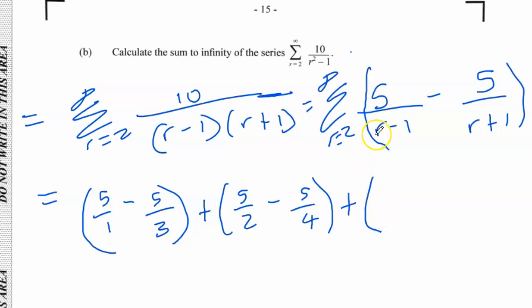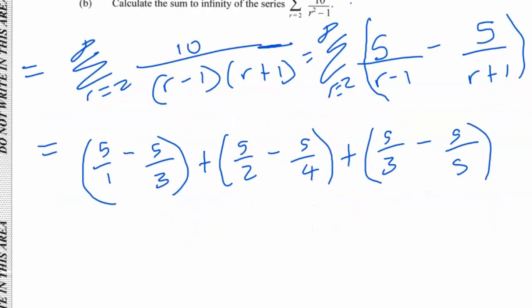Let's do some more, see if we can pick up a pattern. When r is 4, that's 5 over 3 minus 5 over 4 plus 1, that's 5 over 5. Let's do a few more, about 6 or so. When r is 5, that's 5 over 4 minus 5 over 6.